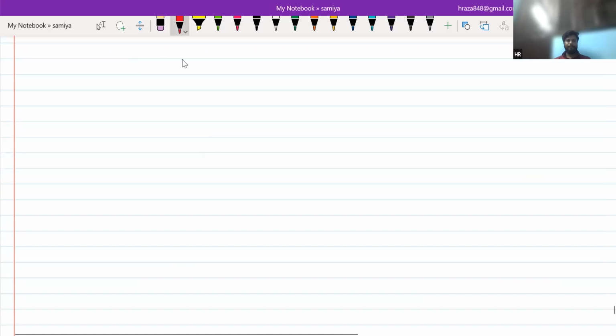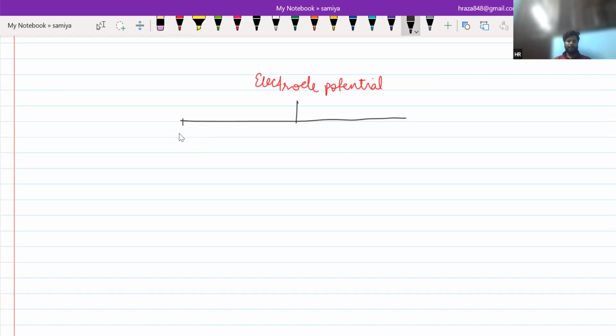Now see, electrode potential is of two types. The first one is oxidation potential and the second one is reduction potential.